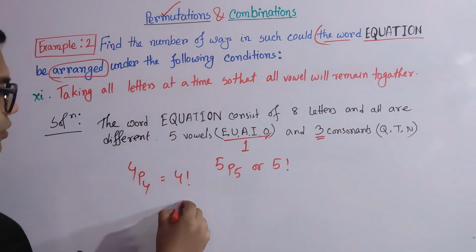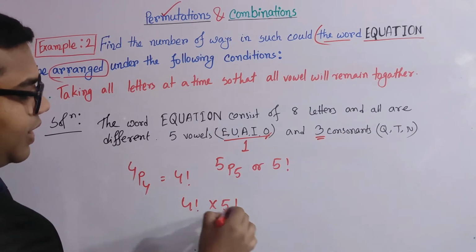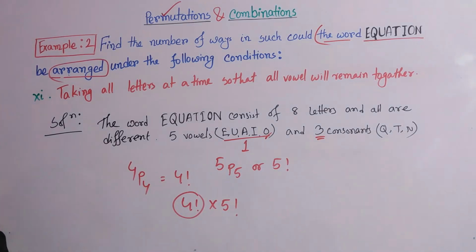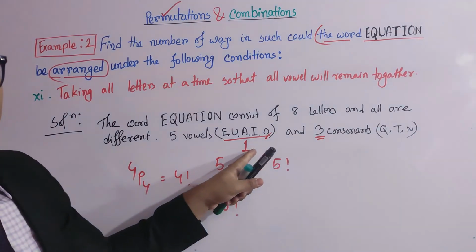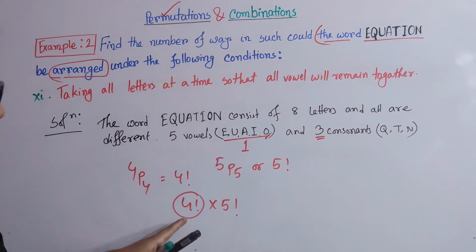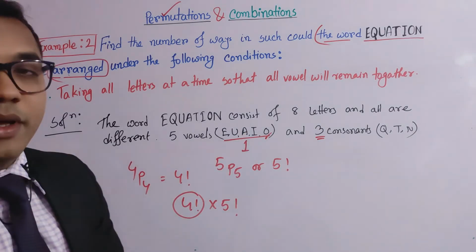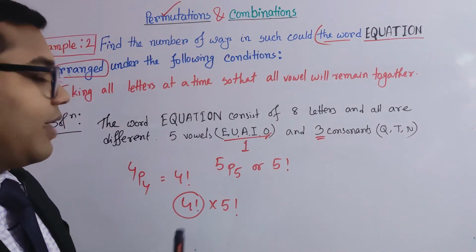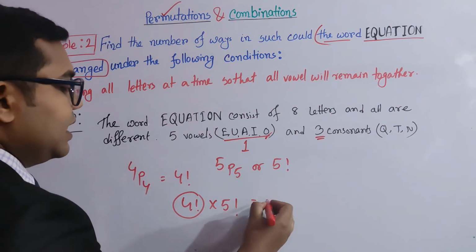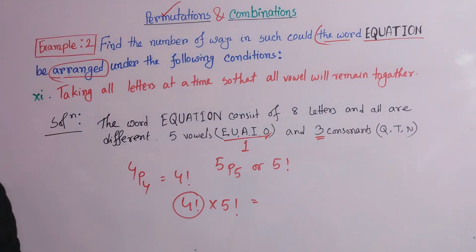So the answer should be 4 factorial into 5 factorial. Where does 4 factorial come from? From these 3 consonants and the 1 group, because of togetherness. And the vowels can be rearranged by themselves by 5 factorial ways. So this is the answer of question number 11.